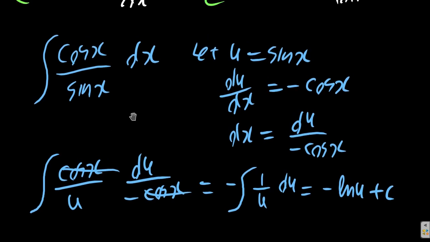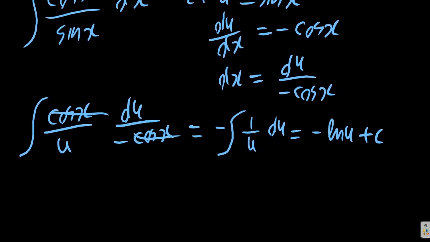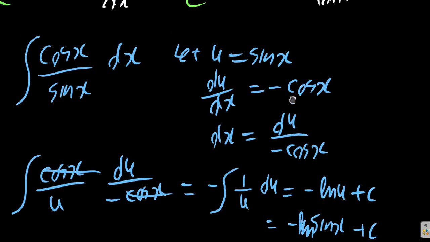But what was u again? u was sine x. So you have negative ln sine x plus c.